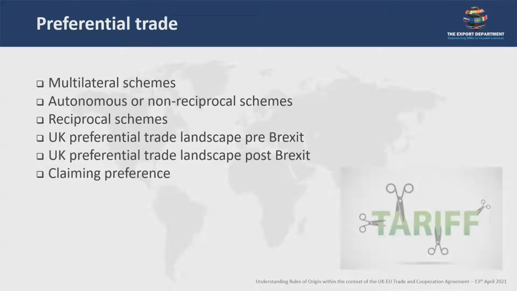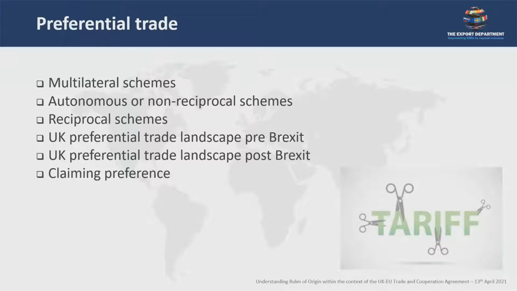The countries that formed part of the EU GSP have been grandfathered over to UK GSP. It's just the names that have changed. So our least developed countries framework replaces the EU's Everything But Arms, or EBA, that you might have been familiar with. Our general framework really replaces the EU GSP, and then our enhanced framework is the name for the GSP plus nations.